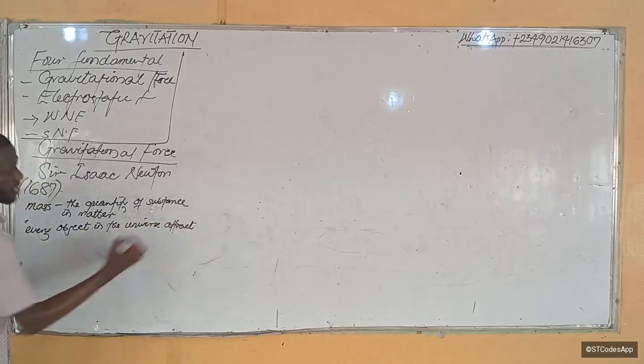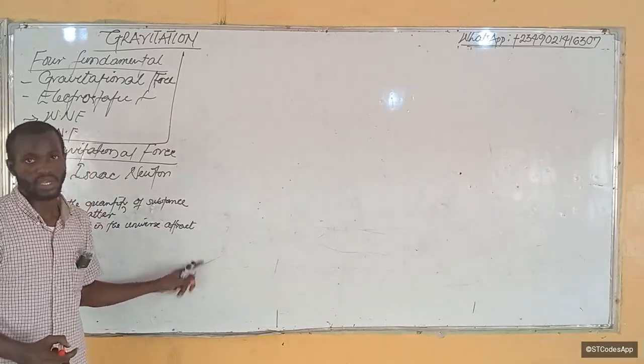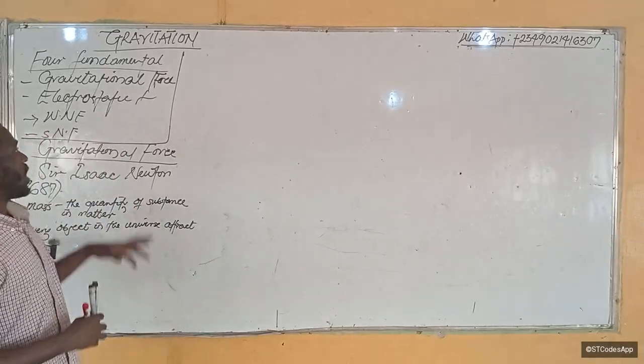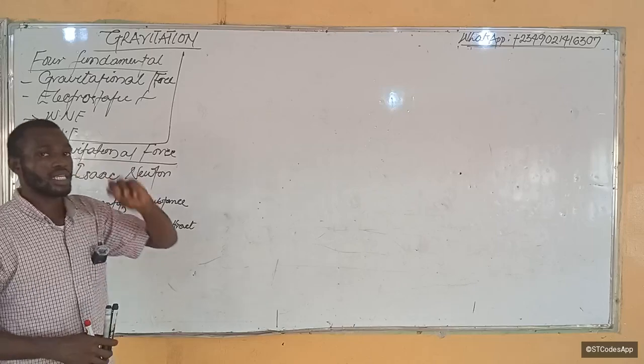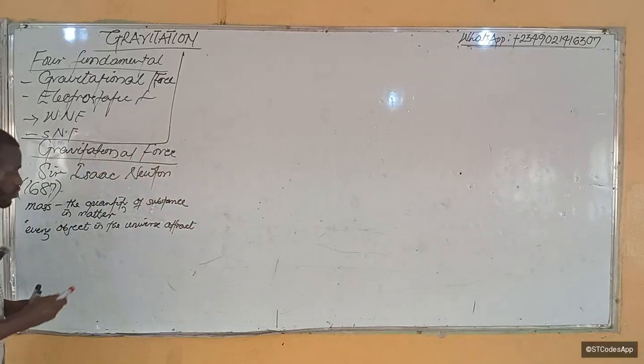Now keep in mind that Newton's force is always attractive, not repulsive. That's what differentiates it from electrostatic force. Electrostatic force can either be attractive or repulsive, but Newton's force is always attractive.